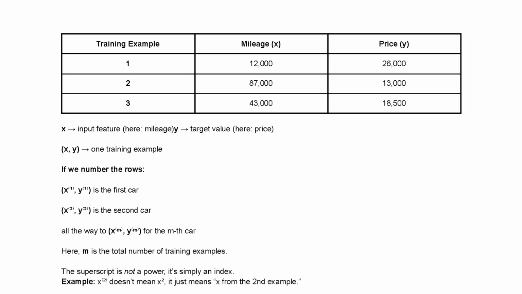You need to be careful. It's simply an index. In other words, x to the power of 2 is a square of x. But in our case, that's not what we mean. We just mean second example. x^(2) is our second example. x^(3) is our third example, and so on.